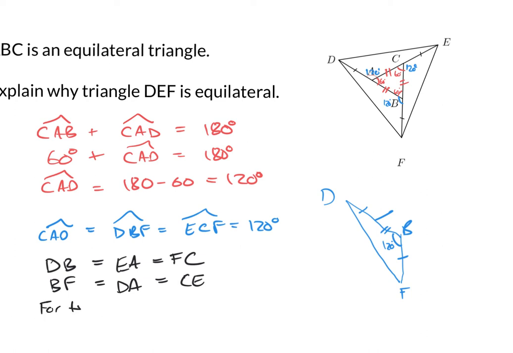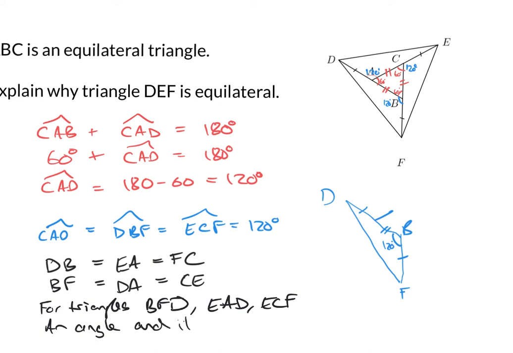So for triangles BFD, EAD, and ECF, an angle and its two sides are equal.